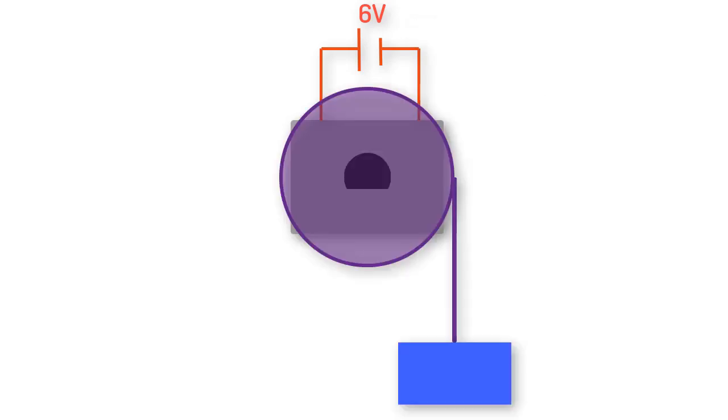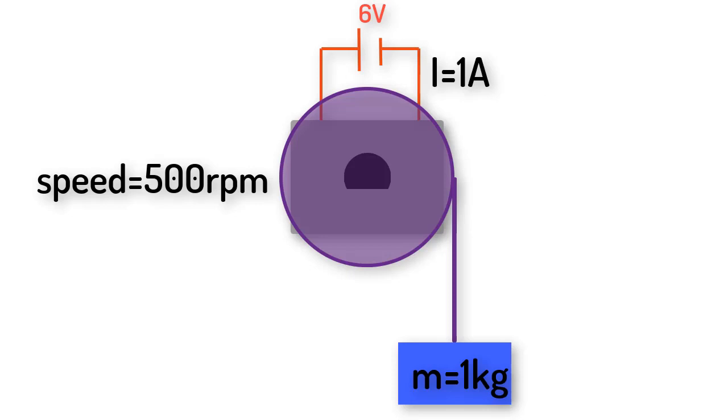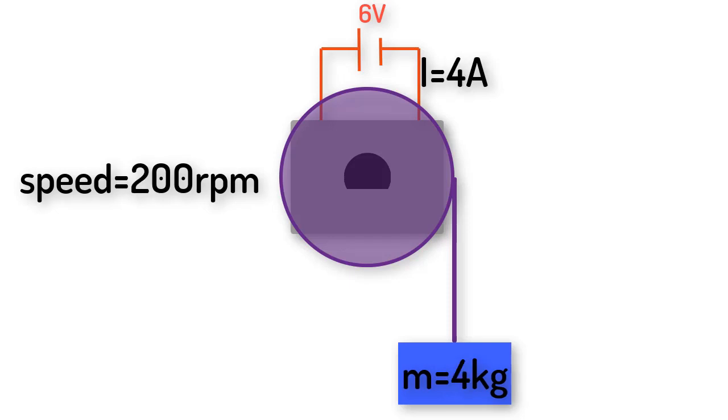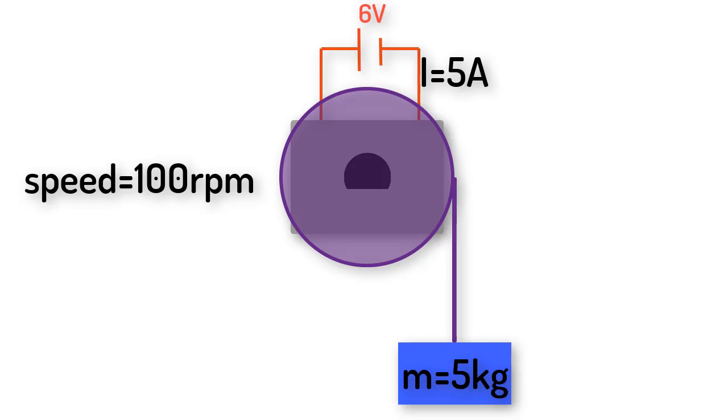Now, as I increase this mass, the motor will not only pull more current to account for the increased torque, but the motor will also spin slower and slower as more torque is required. Suppose I keep increasing this mass until the motor can no longer lift the mass at all, but also the mass isn't falling.